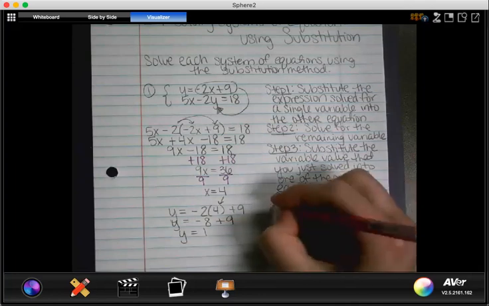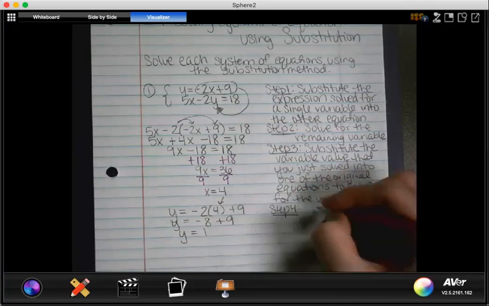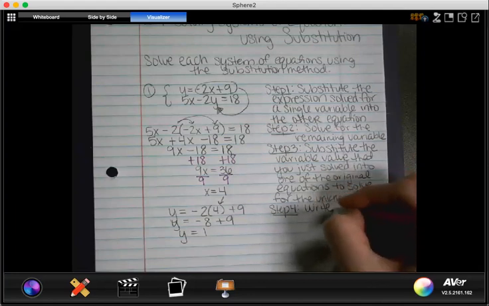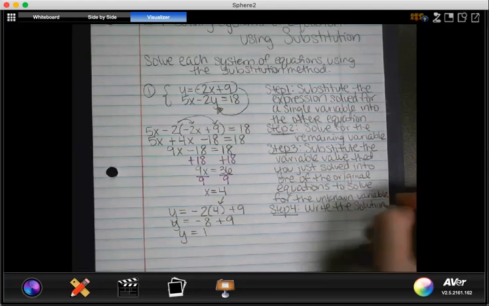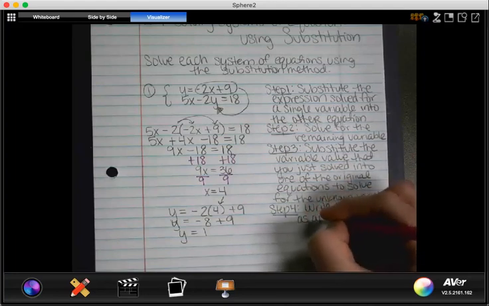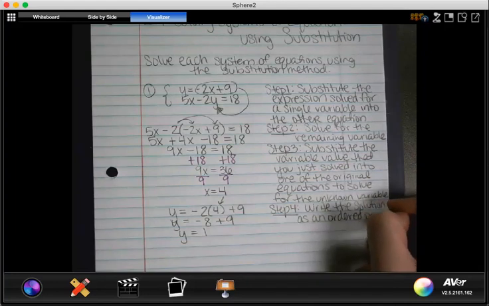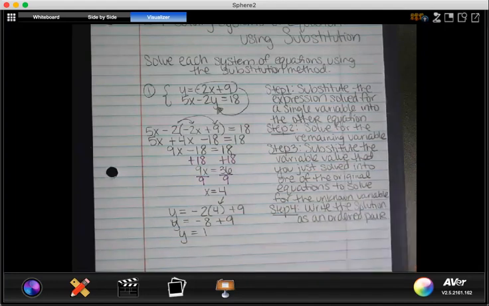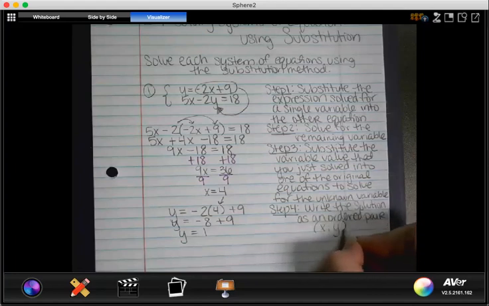Last step, step number 4, is we're going to write the solution as an ordered pair. An ordered pair is referencing when we graph things. It's when you have both your values together, and it looks like this: parentheses, x, comma, y, parentheses.